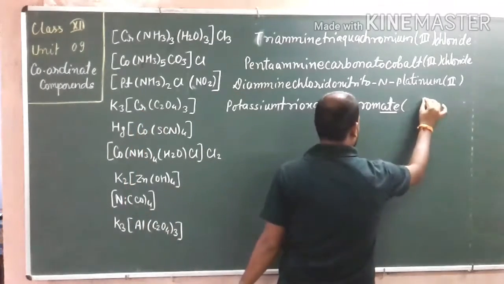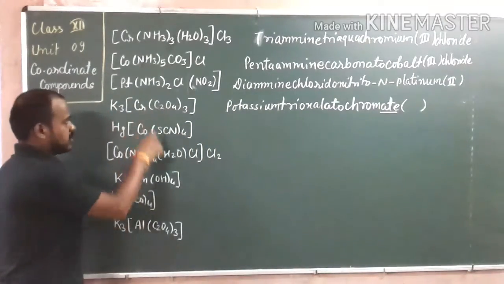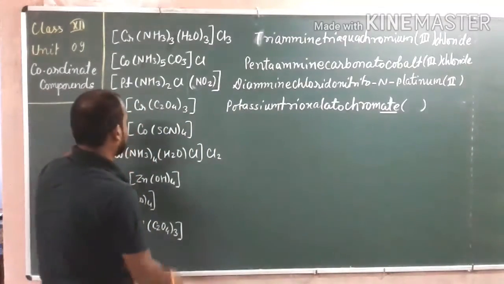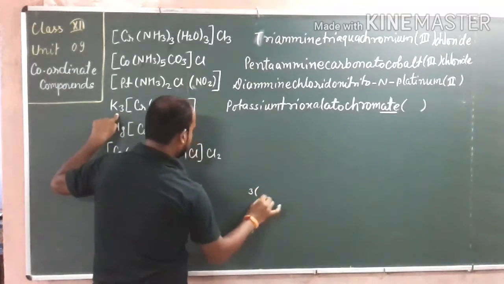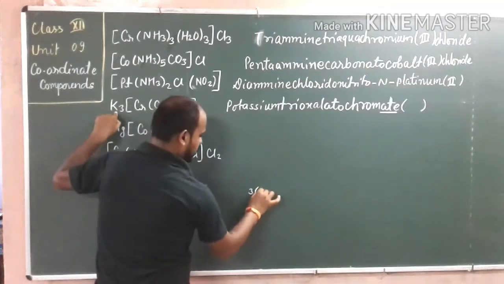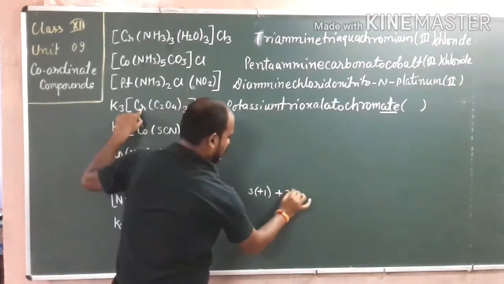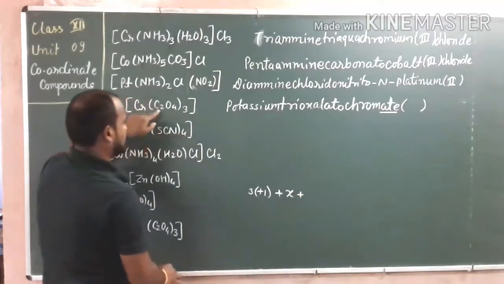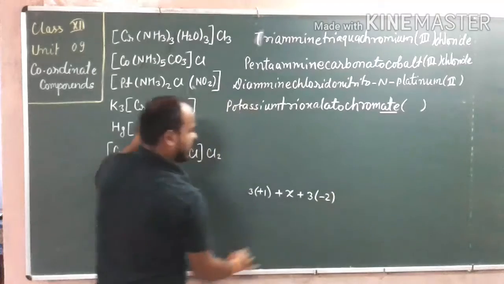After the name of the metal, now the term is the oxidation number. So here we calculate the oxidation number again. For potassium, the number of potassium is 3, and the charge on potassium is 1 plus. For chromium we have to calculate, it is X. Number of ligands 3, charge on oxalato is minus 2.